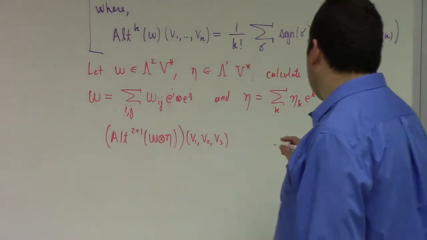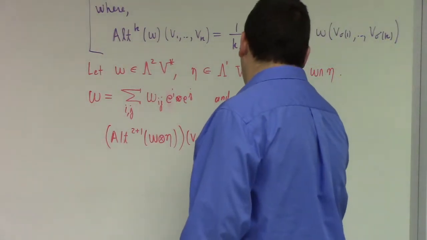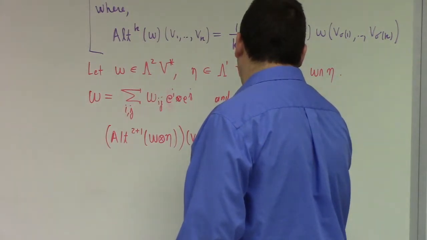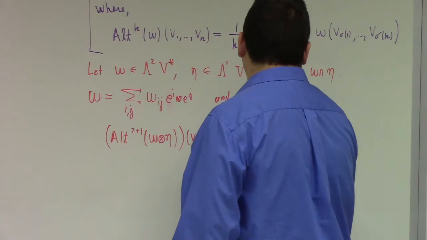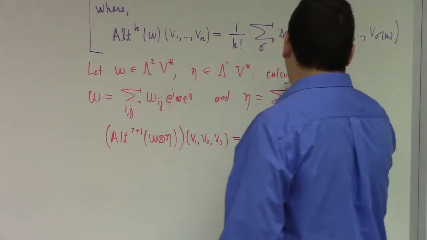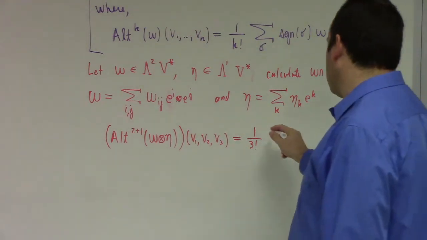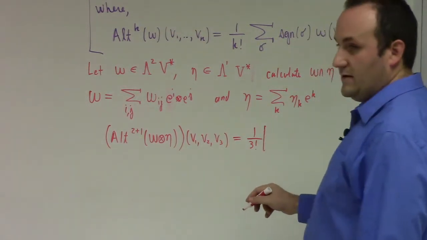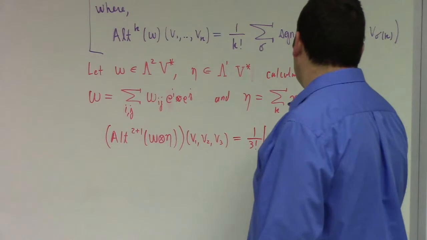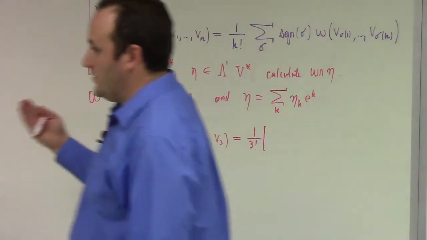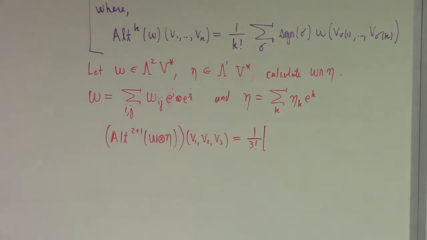That's going to be 1 over 3 factorial, and then this sum over permutations. There are 3 things, I can write them out. It's not pleasant, but I can write it. We have the plus ones: 1, 2, 3, the 2, 3, 1, and the 3, 1, 2.